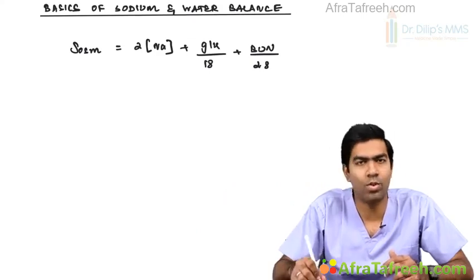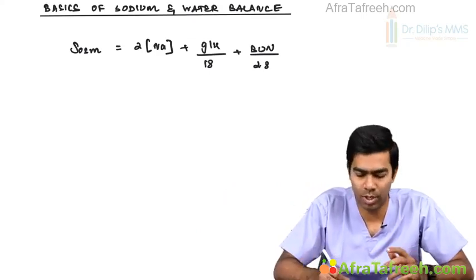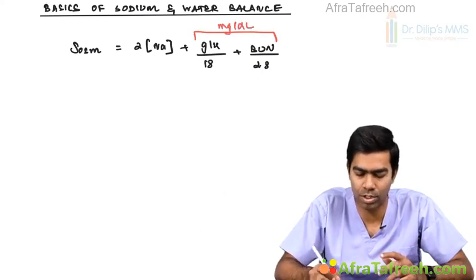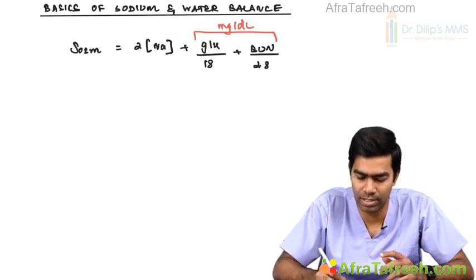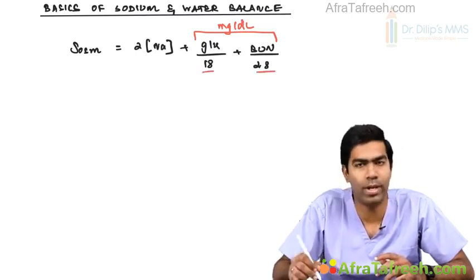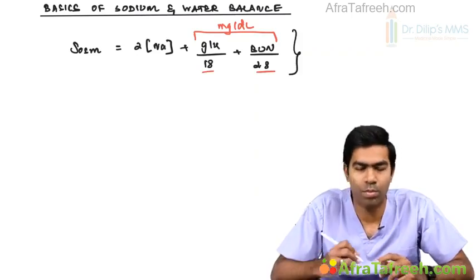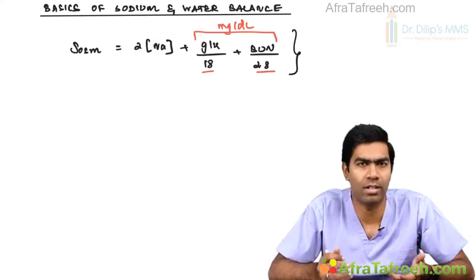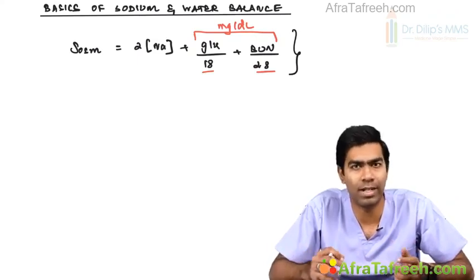This formula is applicable if you use milligrams per deciliter for glucose and urea, and the correction factors of 18 and 2.8 are important. Suppose you are using millimoles per liter, because a lot of European countries, even London NHS, use millimoles per liter as the standard.